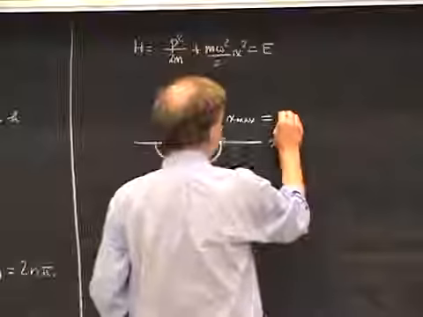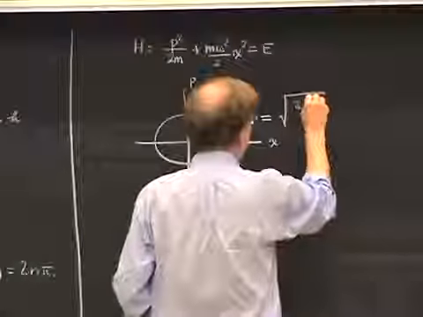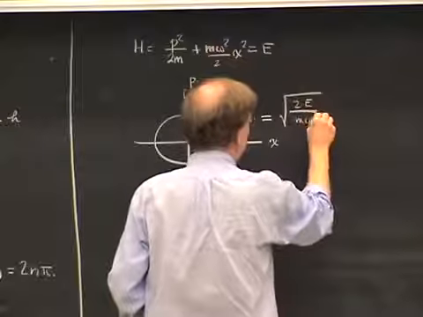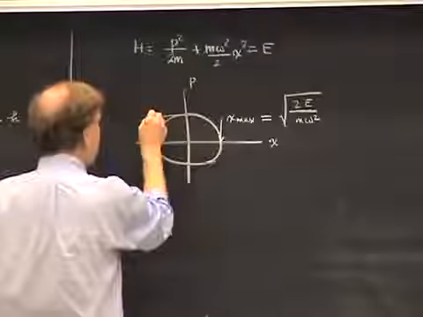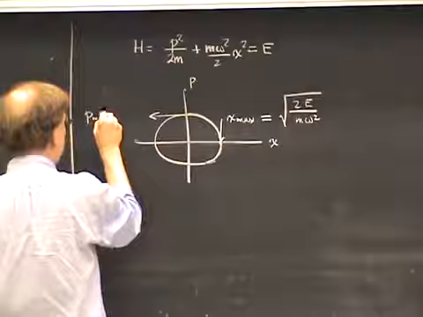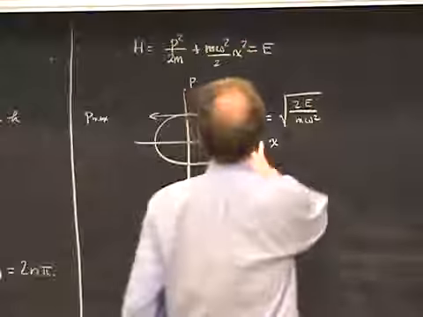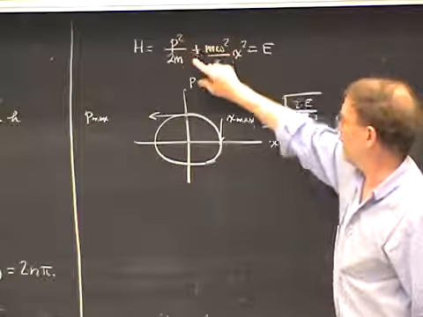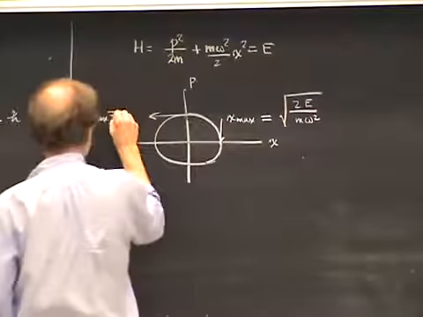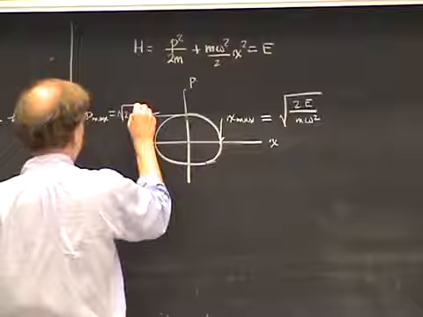If you do this, you find that x max squared is twice the energy E divided by m omega squared. Likewise, let's call this p max here the maximum value of momentum. That's the momentum intercept. We get that by setting x equal to 0 and then solving for p. So that becomes equal to the square root of 2mE, like this.